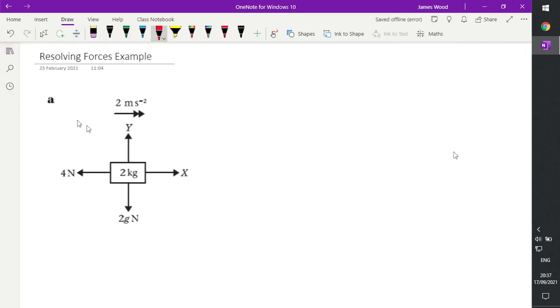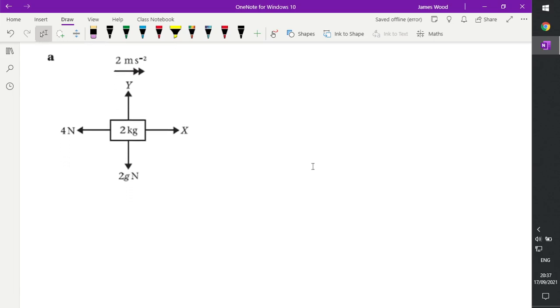Okay, here's a more basic example where we've just got an object. So this object weighs 2 kilograms, and it says it's accelerating to the right at 2 meters per second squared. We can see that its weight has already been labelled for us as 2g newtons. There is some sort of forward force of x, and then a resistive force left of 4 newtons. We've got to find y and x. Let's first of all resolve the forces.